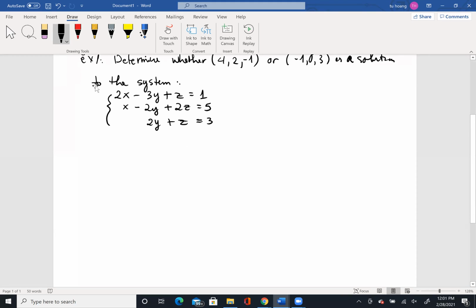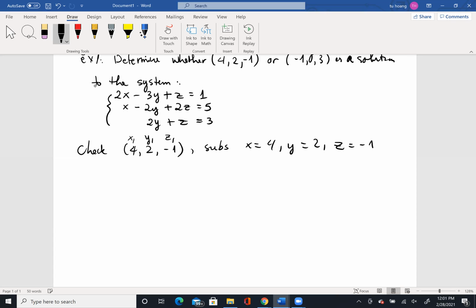Okay, so firstly, let's check the first part in here, (4, 2, -1). I'm going to say that is x1, y1, and z1. In order to check this, I need to substitute x equal to 4, y equal to 2, and z equal to -1 into the system.